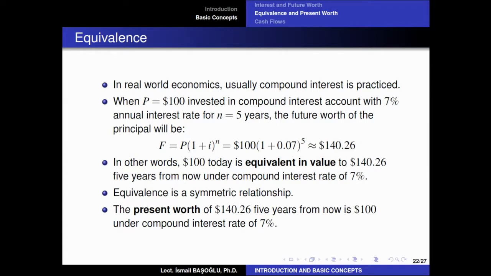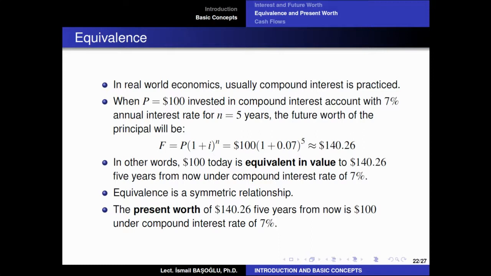Okay. Now, in that statement, we can also say that $100 today is equivalent in value to $140.26 5 years from now under a compound interest rate of 7%. So when you define an equivalence statement, you need to mention two values, the timing of these two values, and a certain interest rate, because an equivalence statement can only be defined under an interest rate.